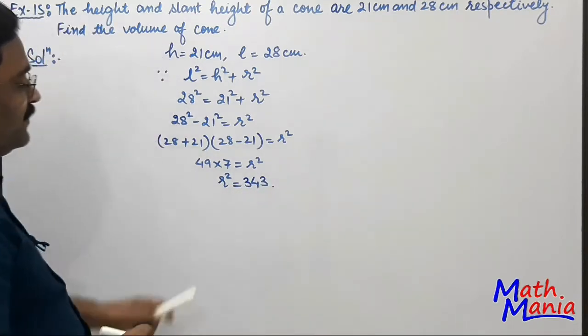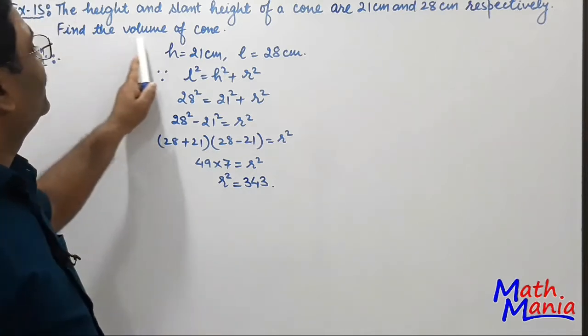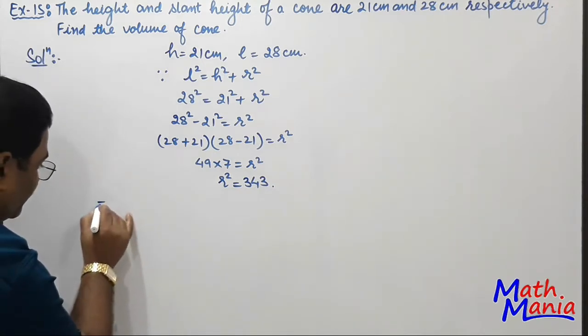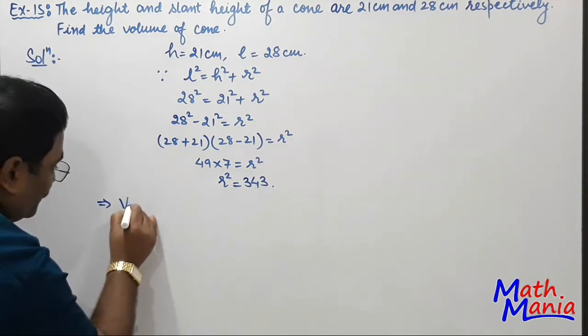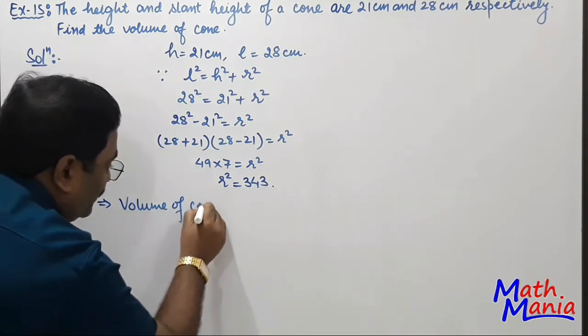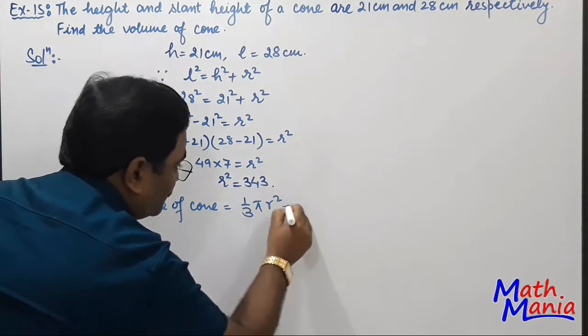Right? As we are getting the value of r square, then we can find the volume of cone easily. So the volume of cone is equal to 1/3 pi r square into h.